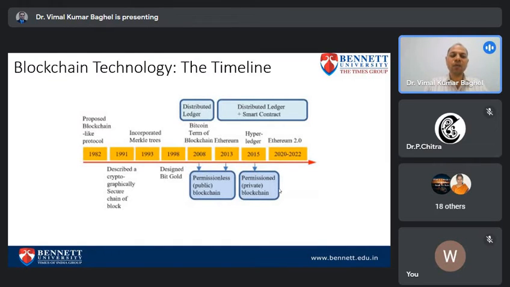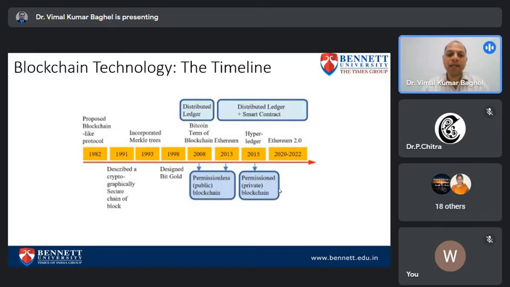In 1982 it was proposed in the literature, then in 1991 a cryptographically secure chain of blocks was described, and then in 1993 Merkle trees were incorporated as a data structure. Merkle trees are even today very popular with blockchain, and they are used for storing a summary of all the transactions in the form of trees, in the form of nodes having different records.